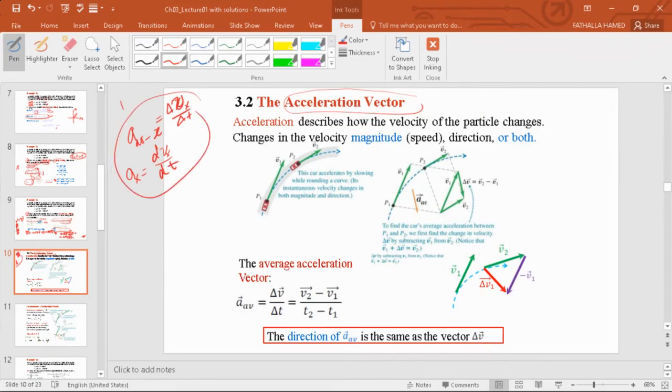That's in 1 dimension. Here we have to deal with it in 2 dimensions.